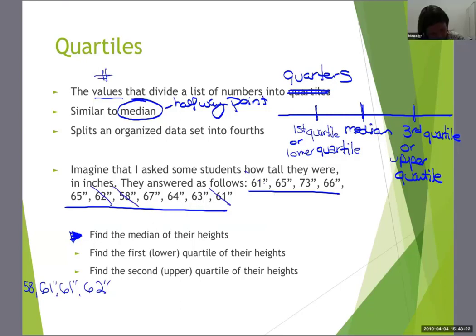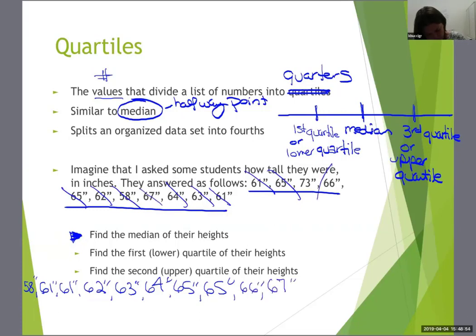Oh yeah, we're doing least. We have a particularly short person in the class. Okay, 58. Then 62, and then I have a 63, and let's see, a 64. A couple of people are 65 inches, and then 66, 67, and 73.